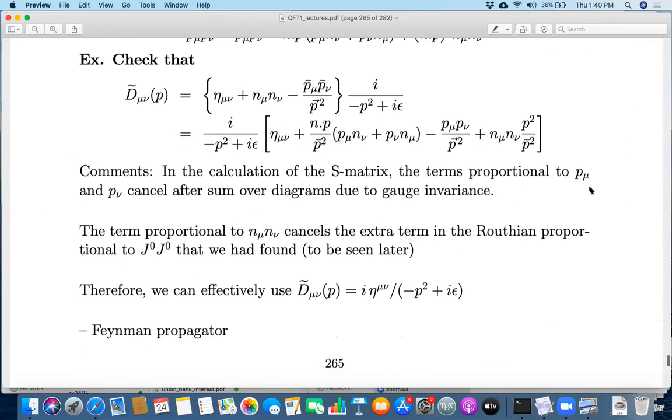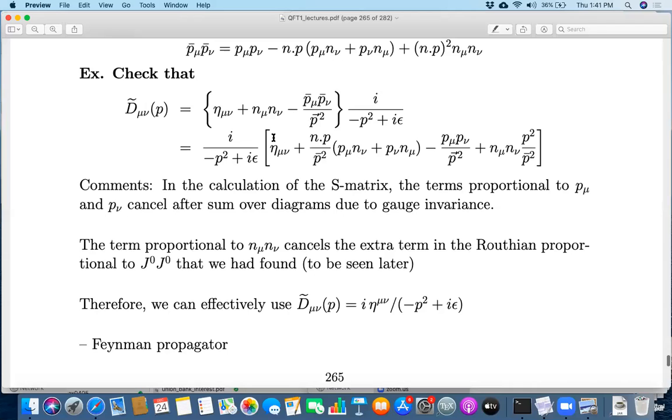Yeah, I think this is where I had said that in the Feynman gauge, it's the theta mu, right? The difference between Feynman gauge and the Coulomb gauge are all these terms, of which this term is just the contact interaction, the JJ interaction, which cancels at the end.